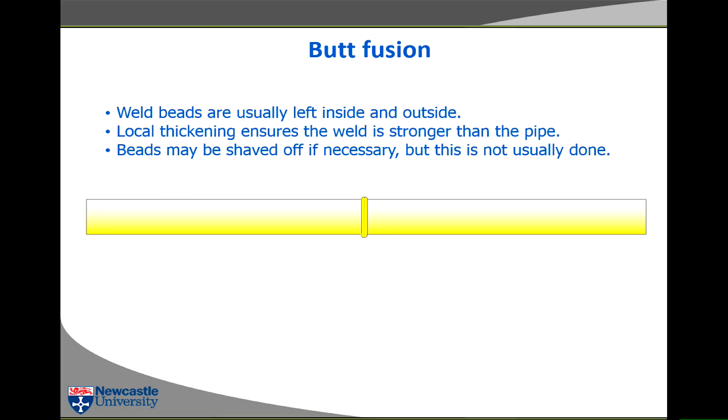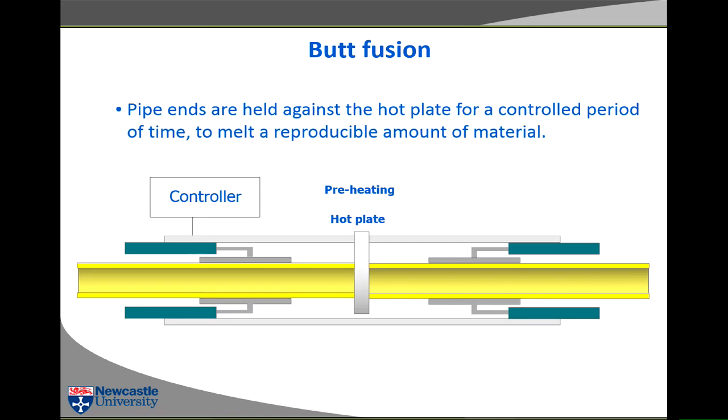So, weld beads are usually left on the inside and outside of the pipe. You can remove them if you want. Local thickening ensures that the weld is stronger than the pipe. Beads may be shaved off if necessary, but this is not usually done because it's not good for the strength of the pipe.